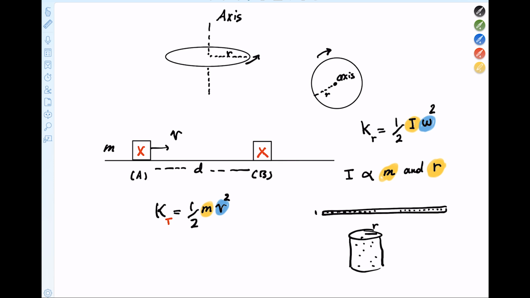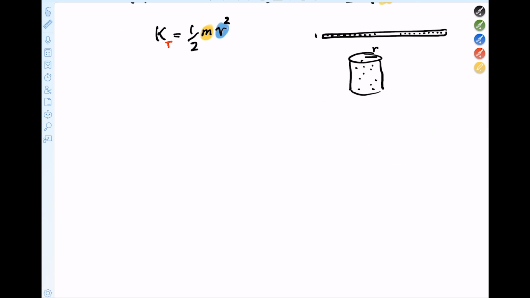Omega, on the other hand, is very close in terms of the definition to regular velocity or linear velocity that we learned so far. So omega is delta theta divided by delta t. Theta is the angle.